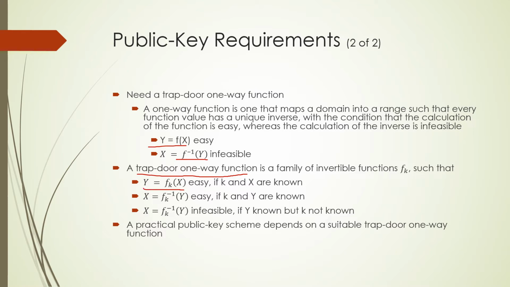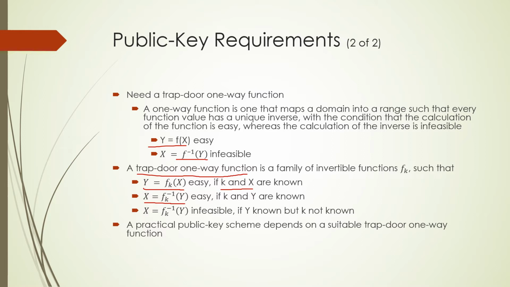Y equals f sub k of x is easy if k and x are known. What is k? K is an extra piece of information that's called the key. So it's easy to find y given the key and x. It's easy to find x given the key k and y. That's the trapdoor. So if you know the key and you know y, you can invert f easily and find x.